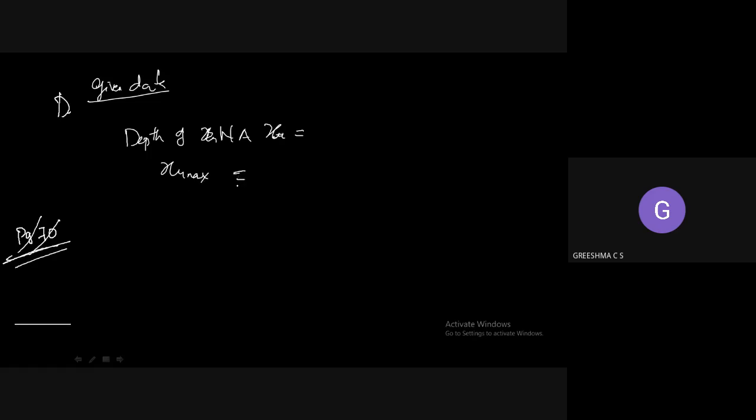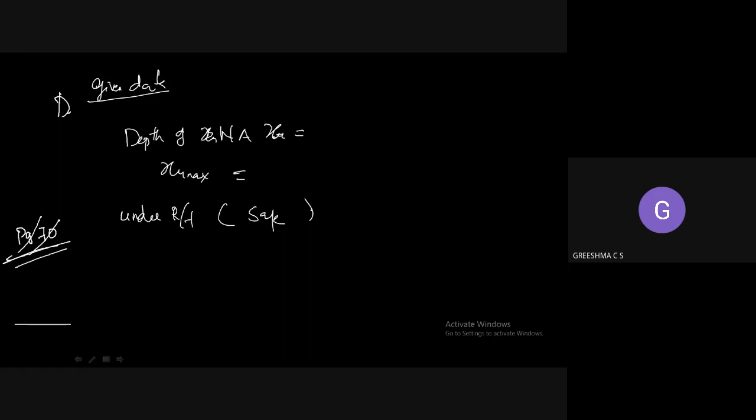Then you will understand whether the section is under reinforced section or over reinforced section. If it is an under reinforced section, which means the beam is safe. If under reinforced section, you can say that beam is safe.